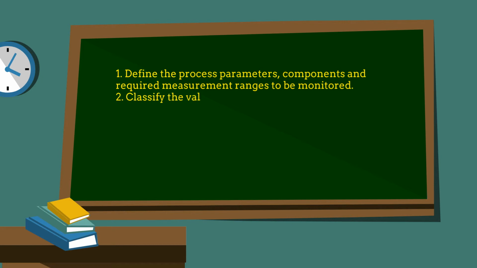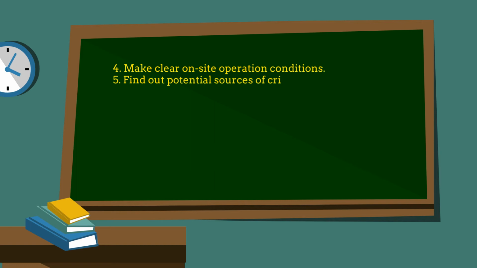Thirdly, be aware of possible new regulations. In number 4, make clear the on-site operation conditions. In number 5, find out the potential sources of critical gas components. In number 6, assess the operation conditions for the whole life cycle of a CEMS.